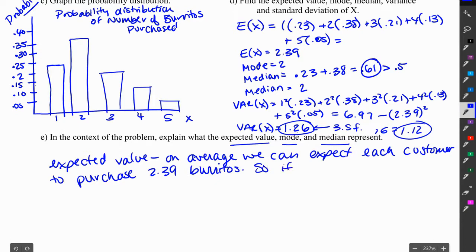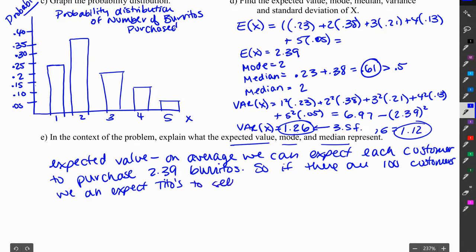So if there are 100 customers, we can expect Tito's to sell 239 burritos. Might need a C in the word can.